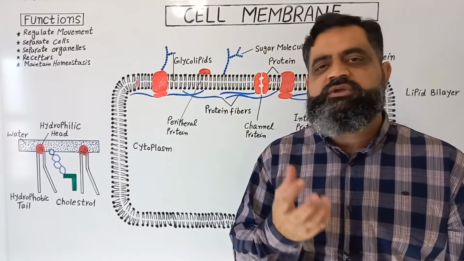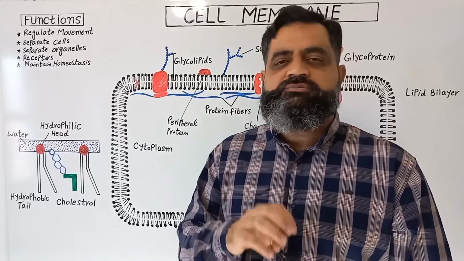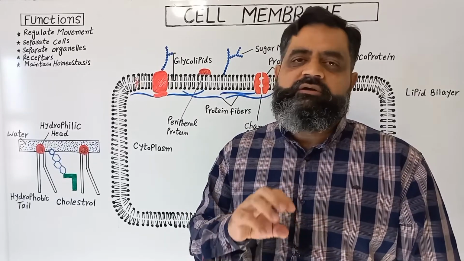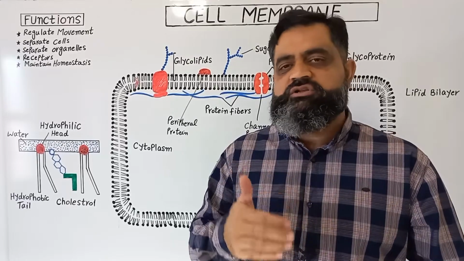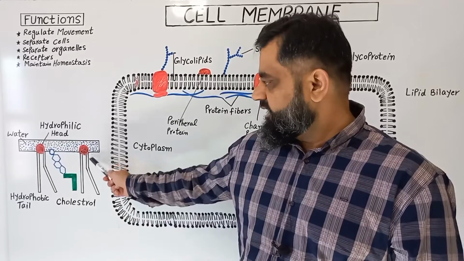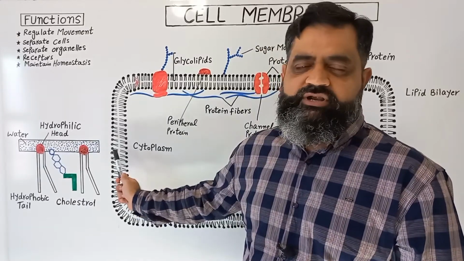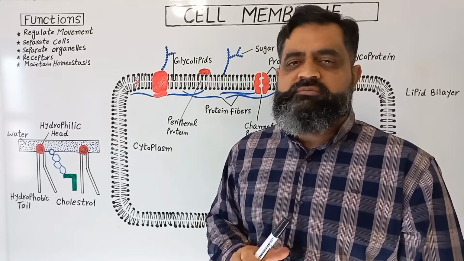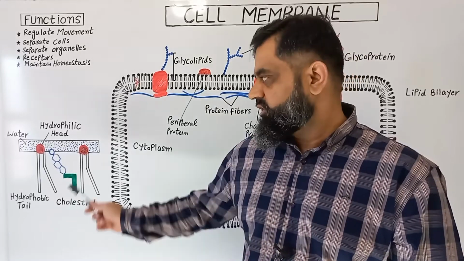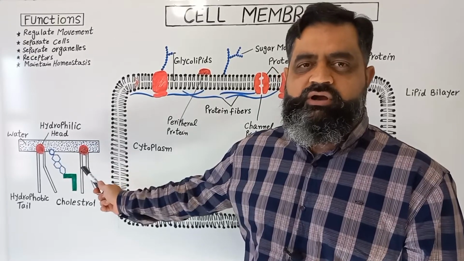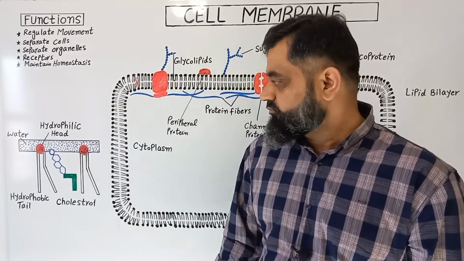Hydro means water, philic means love. So these parts of the phospholipid interact and attach with water molecules, because water is also a polar molecule and these heads are also polar. While the tails, which are oriented towards the opposite side and towards each other, these tails are hydrophobic. These tails are made up of fatty acid chains which are bent due to the double or triple bond present in the long hydrocarbon chain.